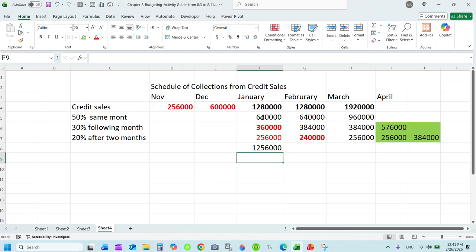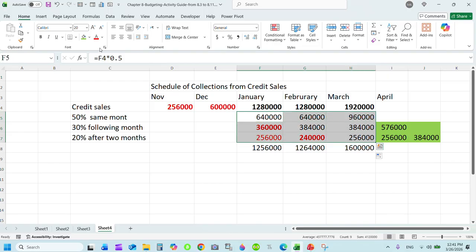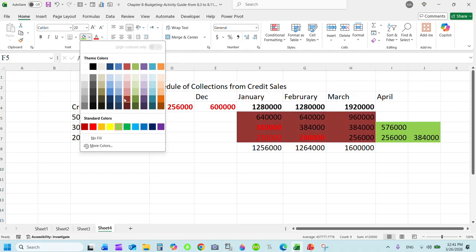Why? We only consider cash collection, right? We don't add this one. You can see only this part. I'll apply a separate color.